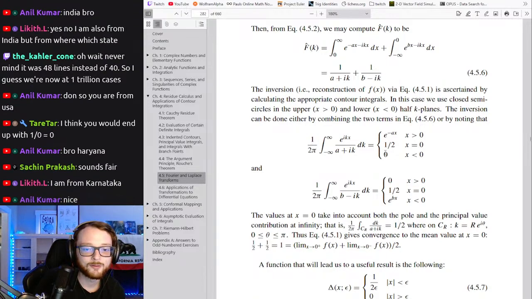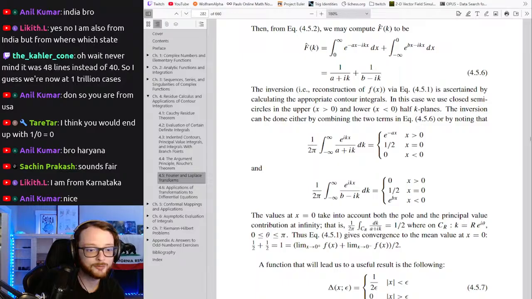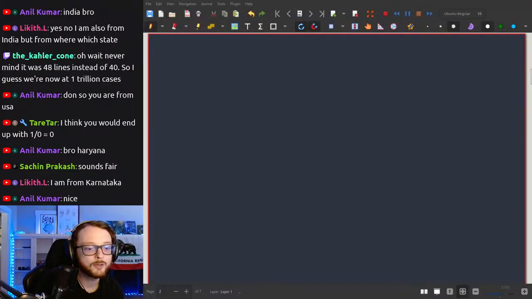Okay. I nearly understand all of this first example. I just want to work out the x equals 0 case, and that should be quick, I think. One over 2 pi e to the, wait, if x equals 0, that's just 1.